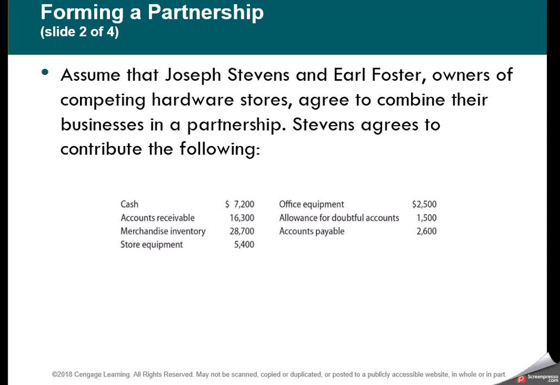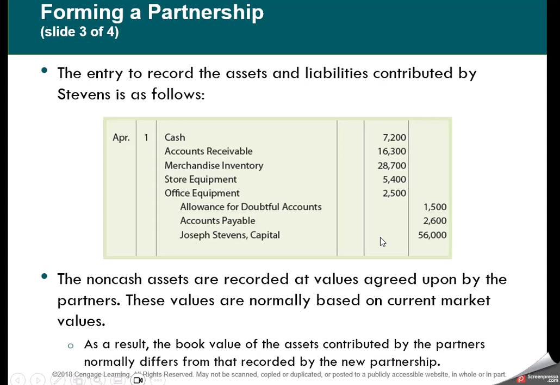So if we have these two partners who agree to come together, the one partner has a business that has assets and then has a liability. So then we would record their contribution into the partnership. All the assets come in, the allowance for doubtful accounts comes in, their liability comes in, and then their net asset total is their capital contribution in their capital account.